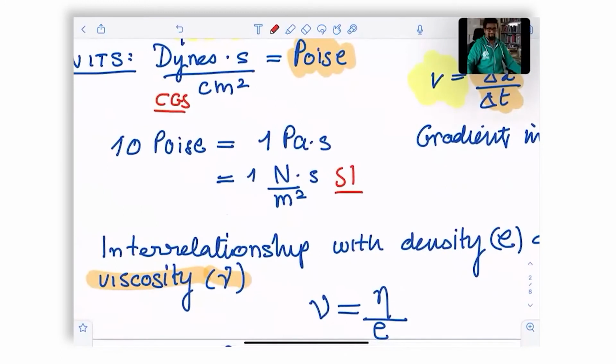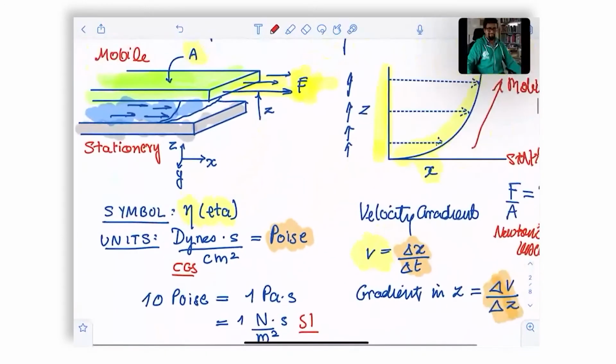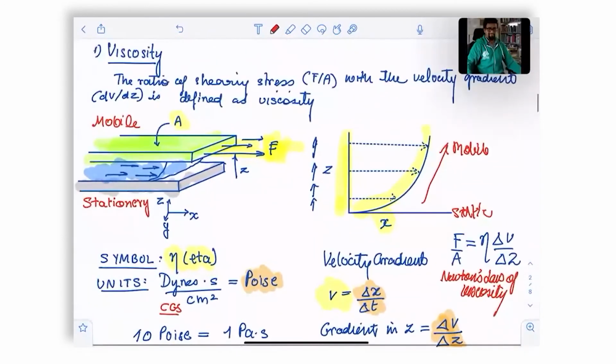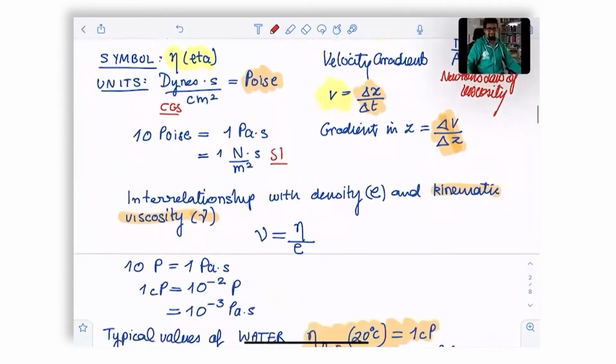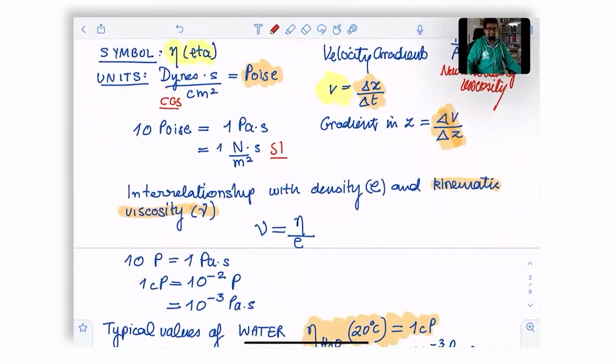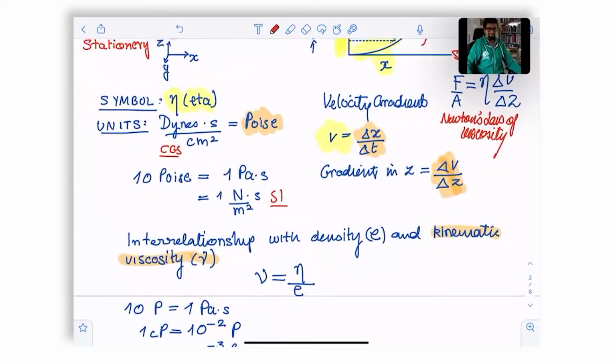But in addition, what we are defining as eta is nothing but the dynamic viscosity. There is another term which is called kinematic viscosity, represented by the symbol nu, which is here.